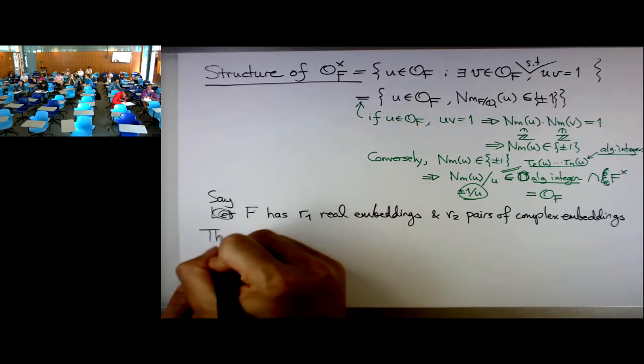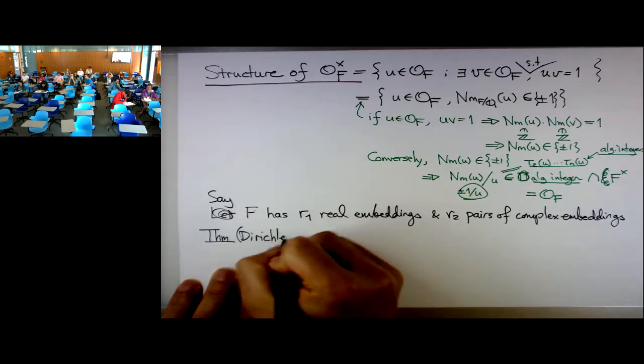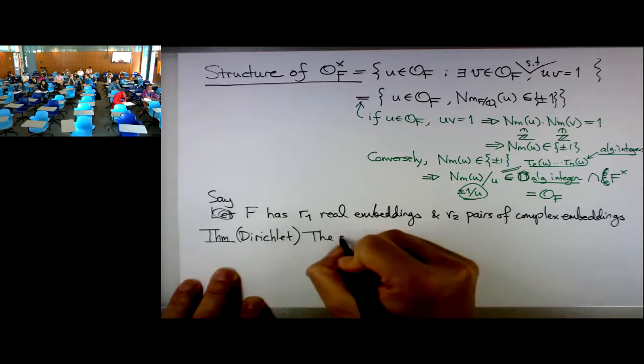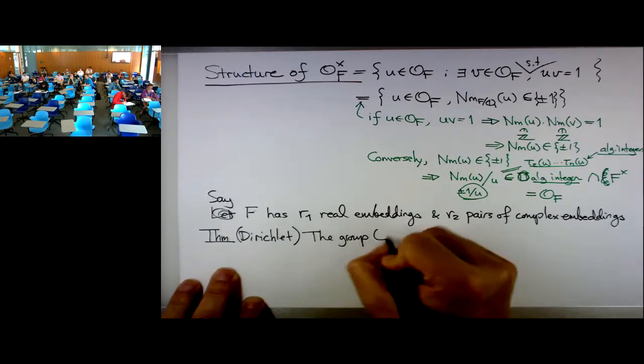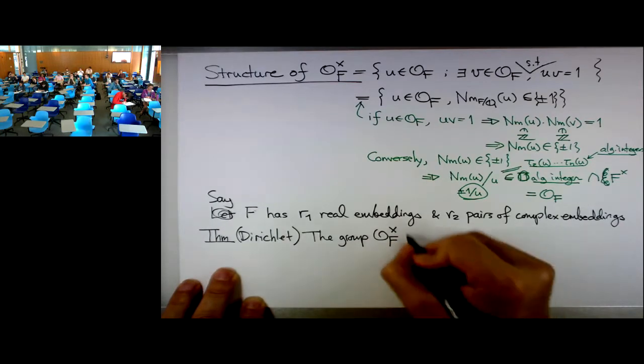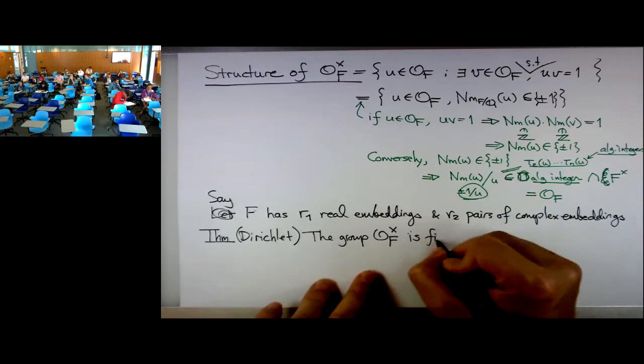Then the theorem of Dirichlet, the Dirichlet unit theorem, says that the group OF cross is finitely generated, first of all.